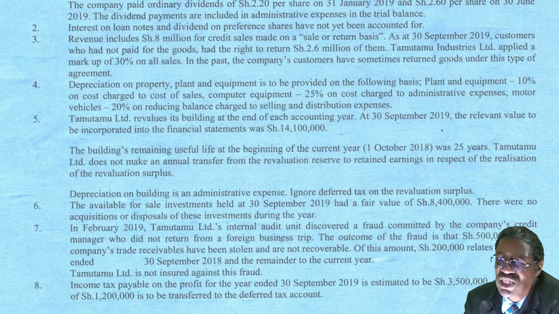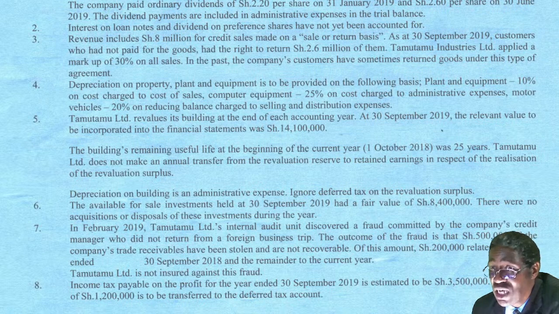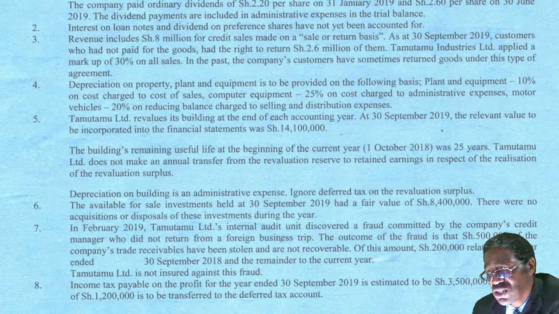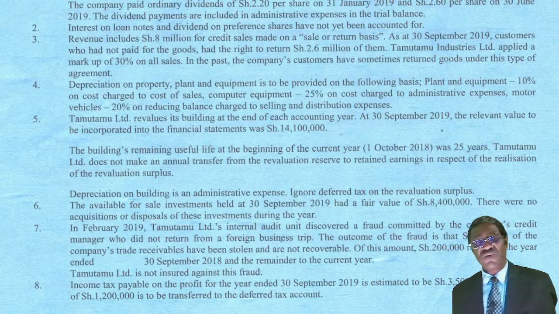Then they are saying, on 30th September 2019, the relevant value to be incorporated in the financial statement was 14.1 for the building.